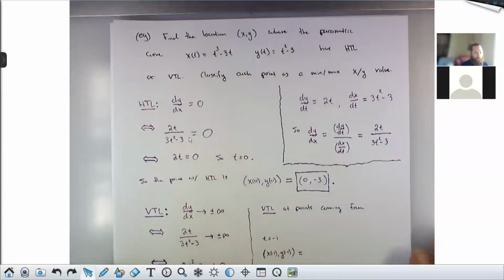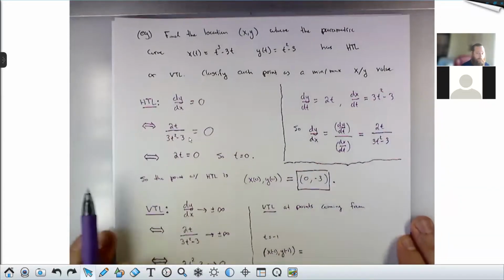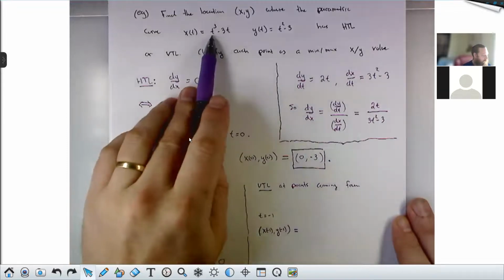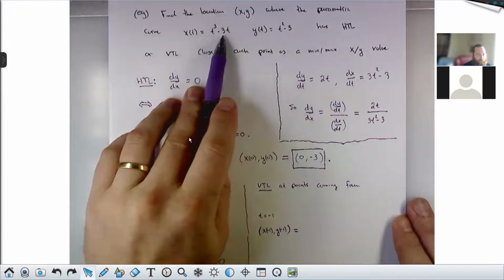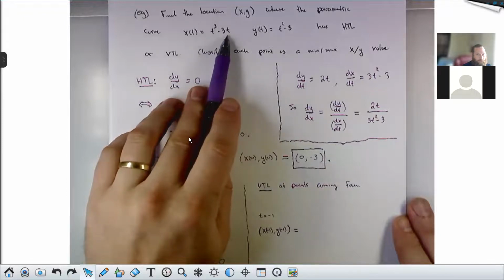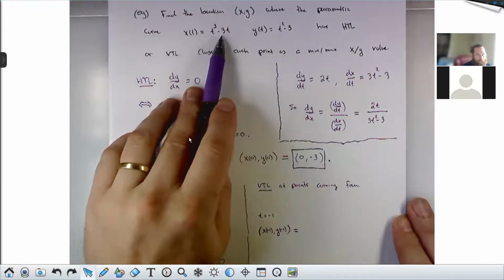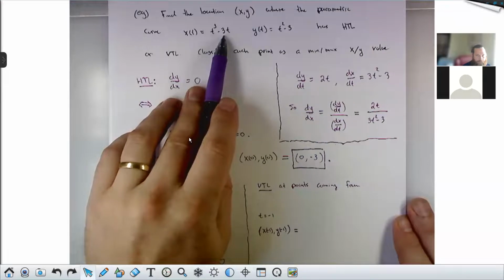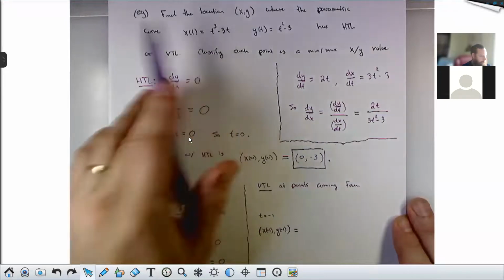So what is x of -1? If I plug -1 into t here, I get -1 cubed, which is -1, minus 3 times -1. So that's -1 minus -3, or -1 plus 3, which is +2.